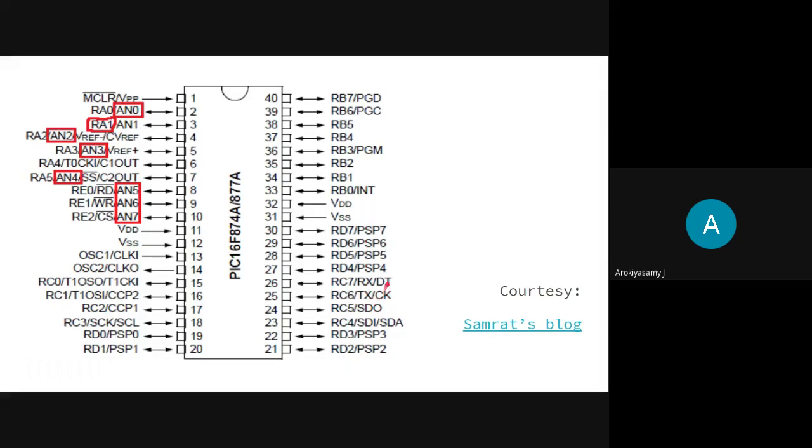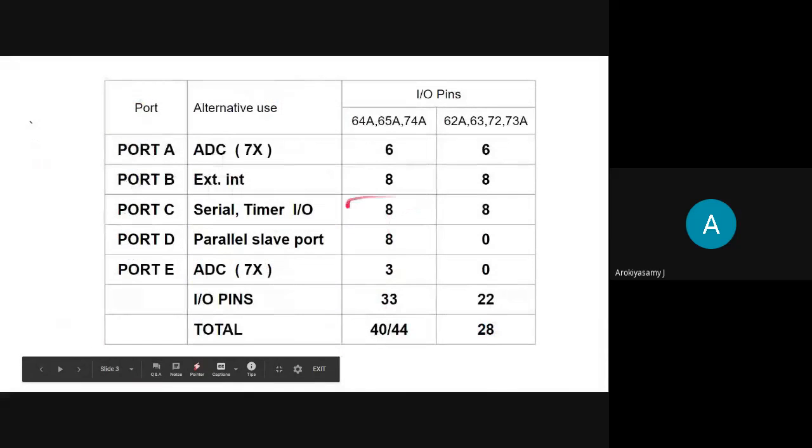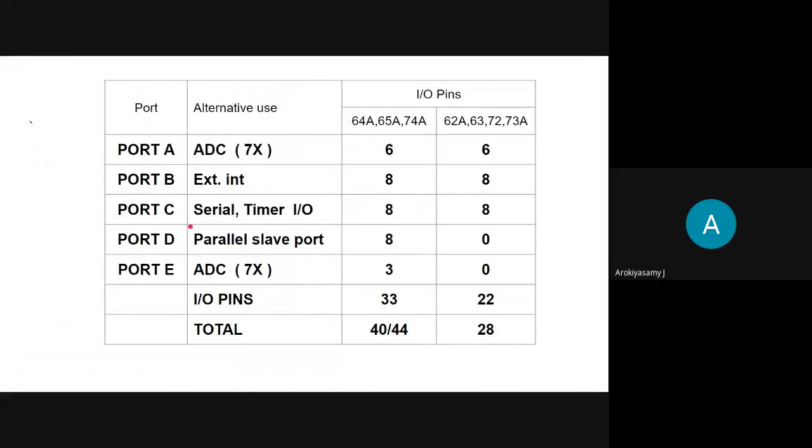These are used for serial I/O functions: TX, CK, RX, DT. That is why it is written here: port C consists of 8 bits. It is shared between the parallel port as well as serial I/O and timer I/O.